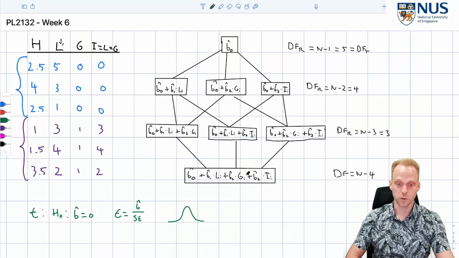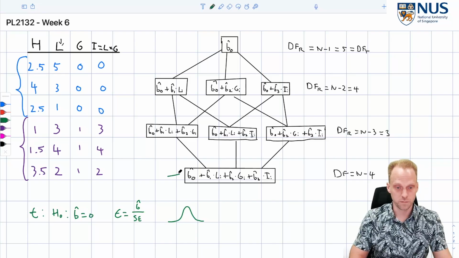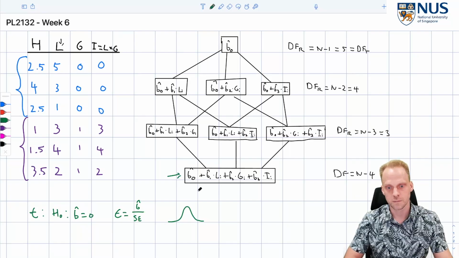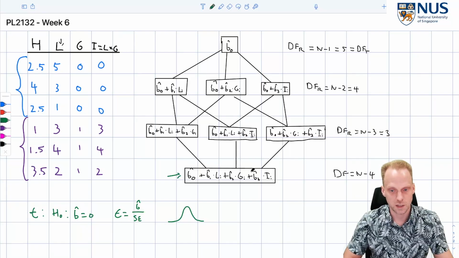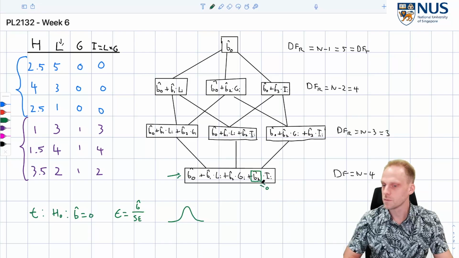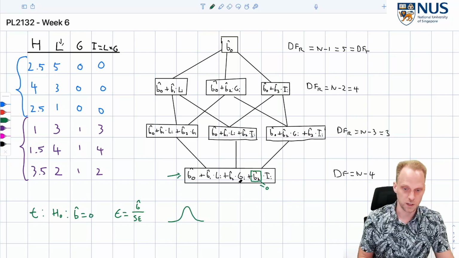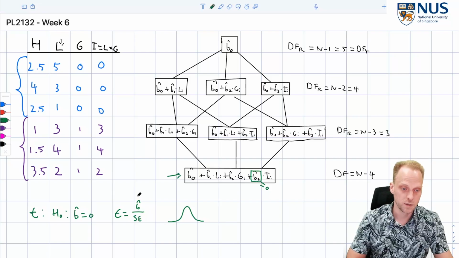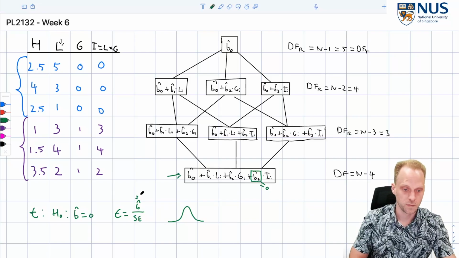So for example, if you have this model, which is what you usually have if you enter all terms, we could do the test and test, is the interaction effect 0? Is this 0? In that case, that interaction effect that we estimate, which is not 0, because it's estimated from data, is put here.